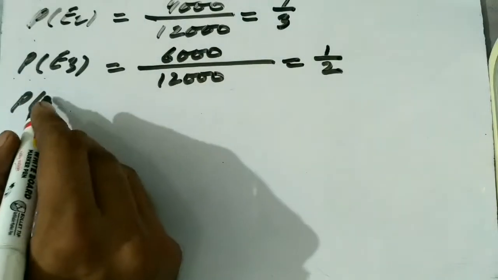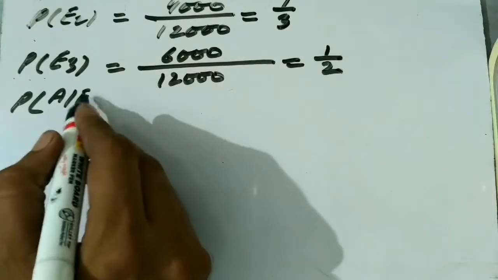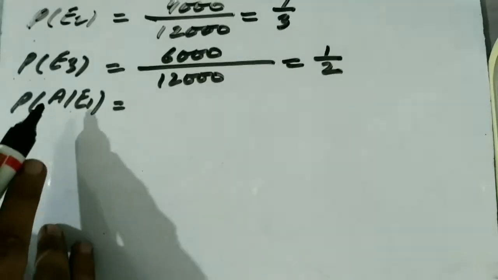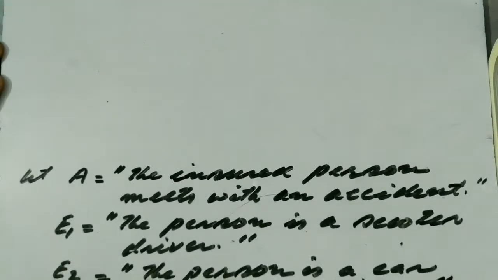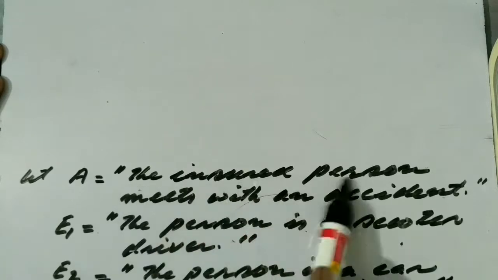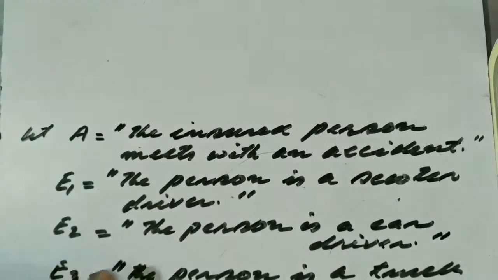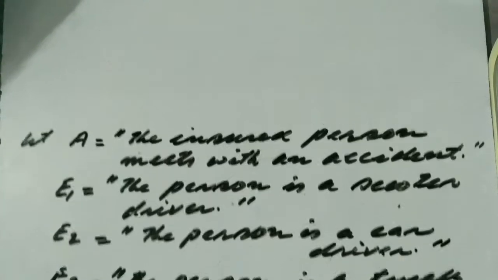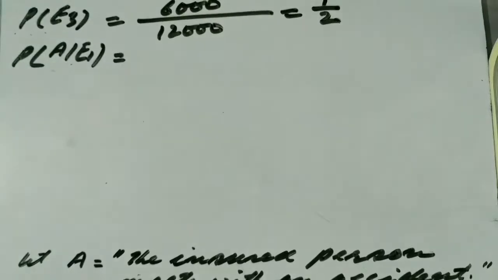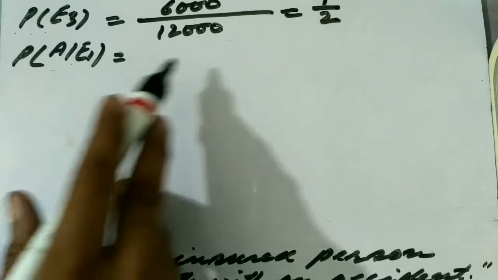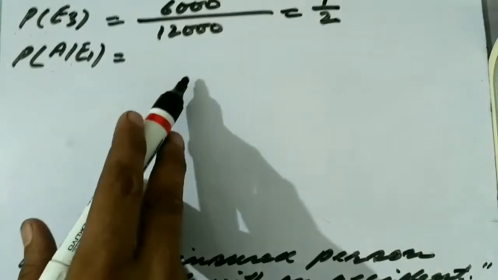Now we need to find out P(A | E1). That means the probability of A when E1 has happened. A is the event that the insured person meets with an accident, and E1 is the event that the person is a scooter driver. So A conditional E1 means when the person is a scooter driver, what is the probability that he will meet an accident?